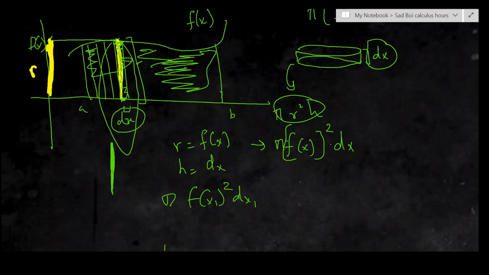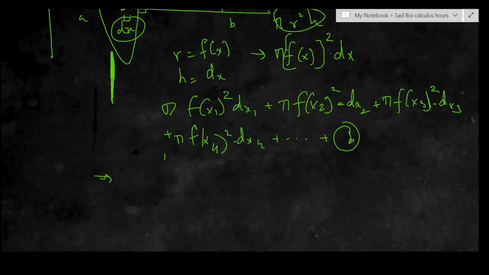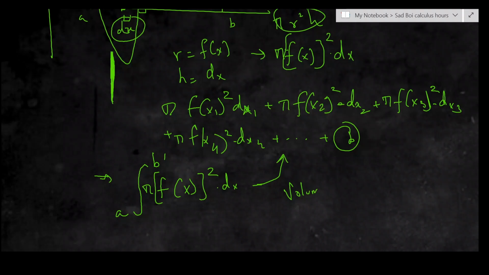Integration helps us divide the segments between a and b into very minute segments and sum them all up by substituting them in the function we provide in the integration symbol. So if we write here pi f of x squared dx, it's going to return the same thing.